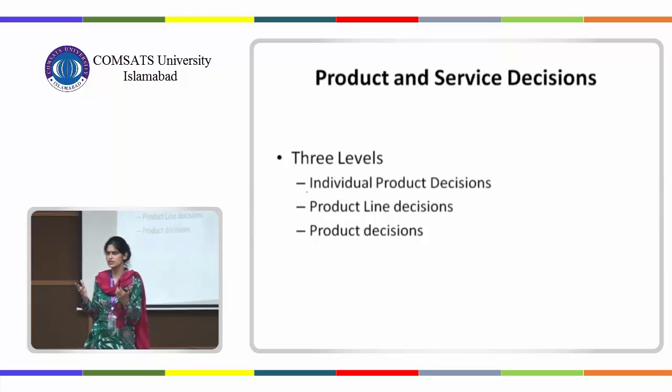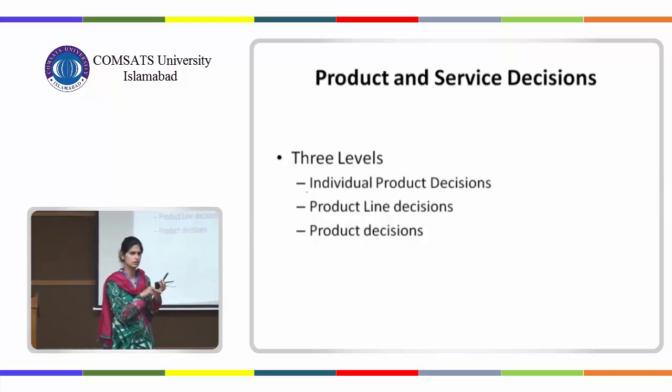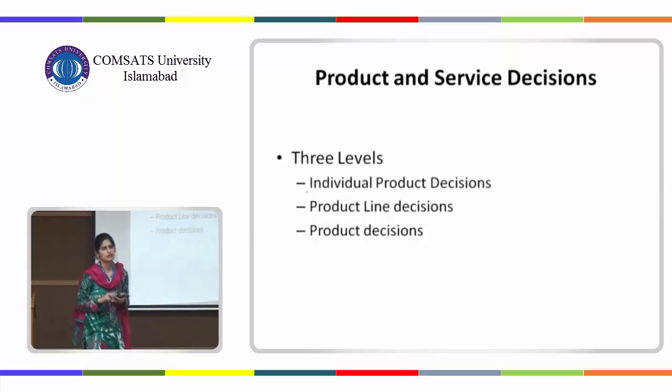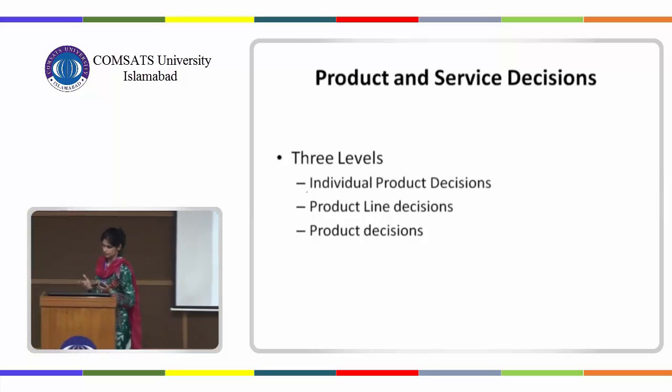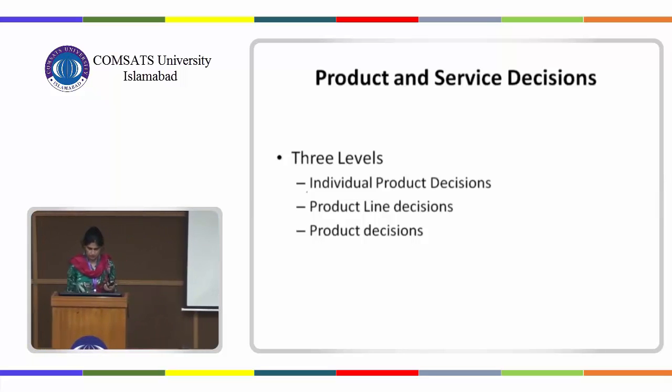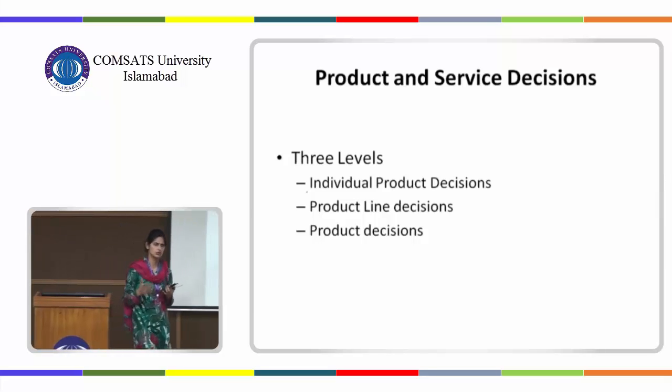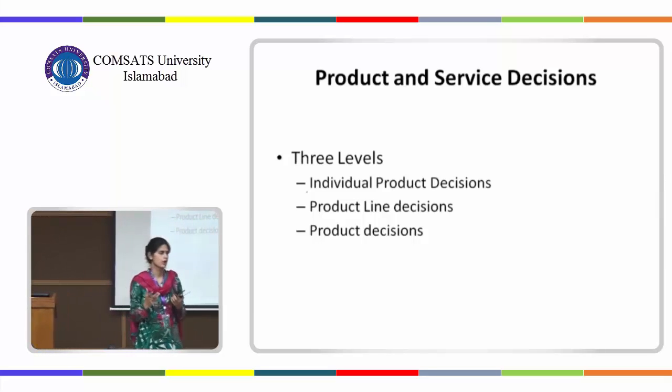So we saw different categories of products, whether it be an organization, a good, a place, or a social cause or idea. Now, when it comes to product and service decisions, there are 3 levels on which you take them.